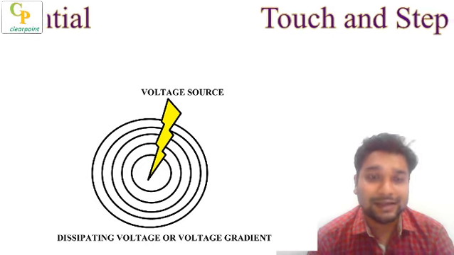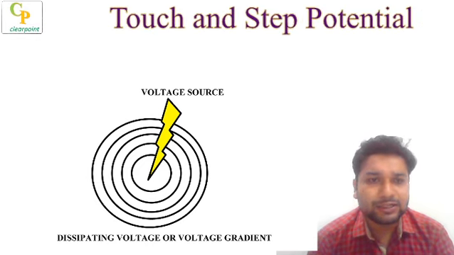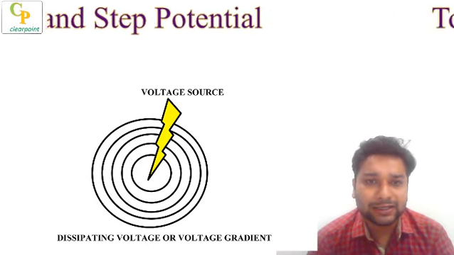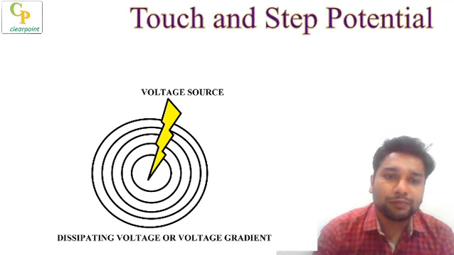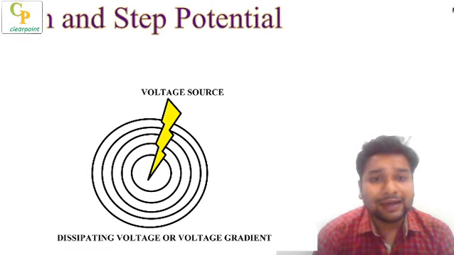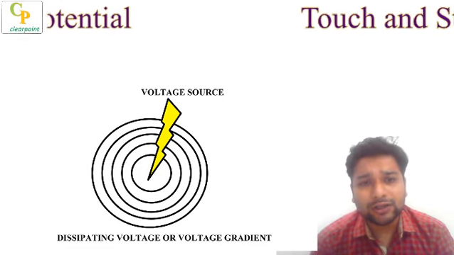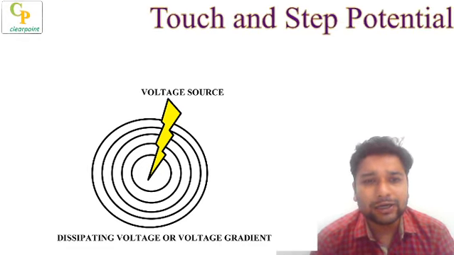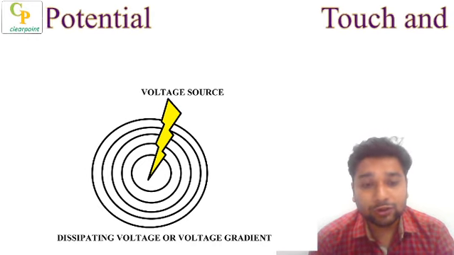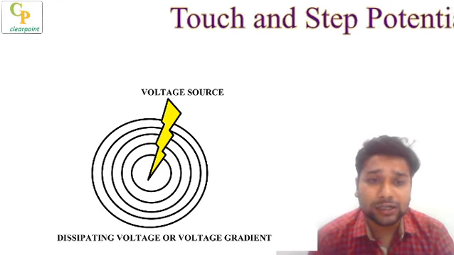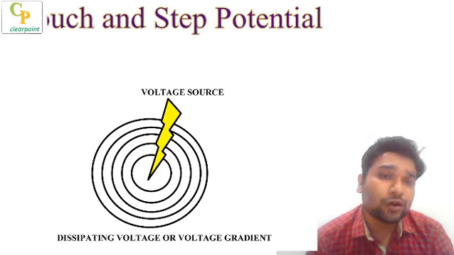It starts energizing. Of course it has some resistance and it will allow the passage of current, and it will get energized over some area. That area generally extends 10 meters to 15 meters from the point where it is falling. This energization occurs in a circular fashion, in terms of circular waves.